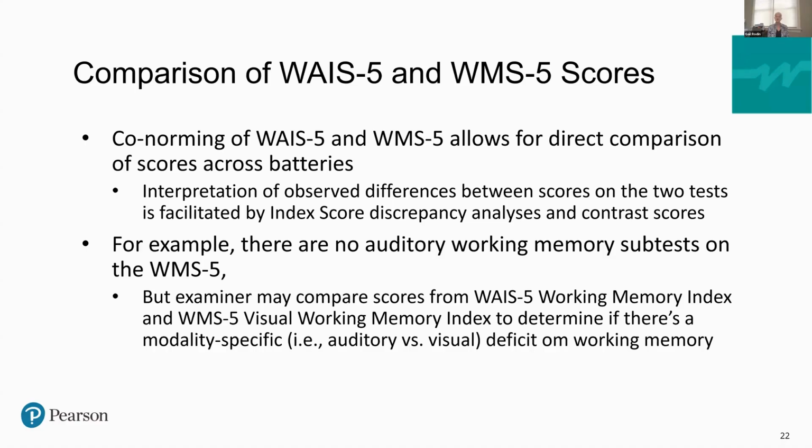This can be done using analysis of index score discrepancies or via contrast scores. More about that in a moment. For example, as an examiner, you may wish to compare the scores from a client's WAIS-5 working memory index and WMS-5 visual working memory index.